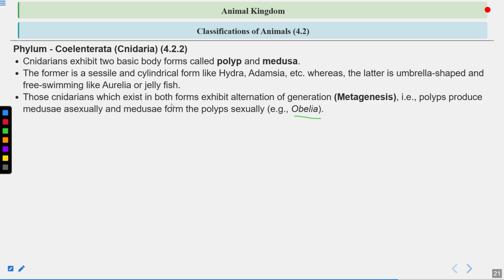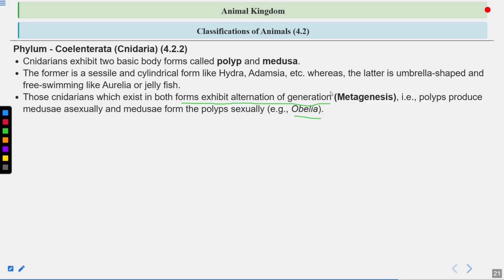Cnidarians which exhibit both the forms exhibit the alternation of generation: once one stage is there, after that the second stage comes, and again that gives rise to the first stage. So there we see the alternation of generation, that is from polyp to medusa and medusa to polyp. That is called metagenesis. Very, very important point, metagenesis.